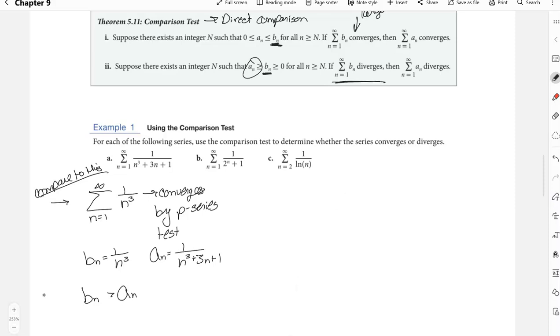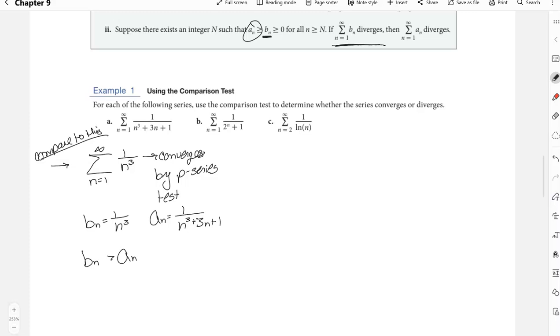So it's meeting the criteria. B sub n's larger. I have a sequence that converges that forces the other one to converge. So we would say, therefore, that original sequence, so the sum from n equals 1 to infinity of 1 over n cubed plus 3n plus 1, must also converge.